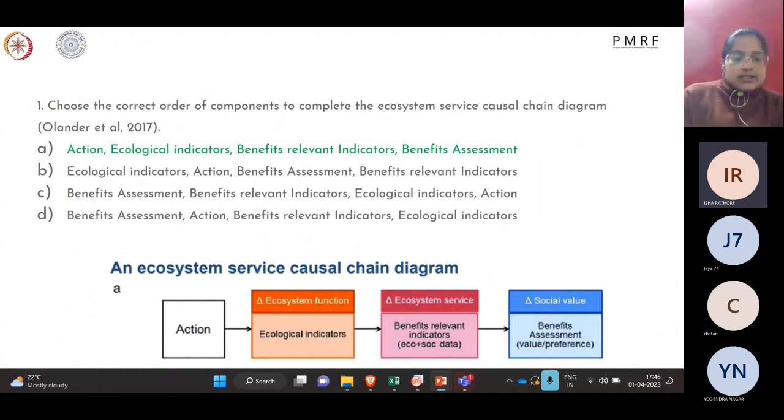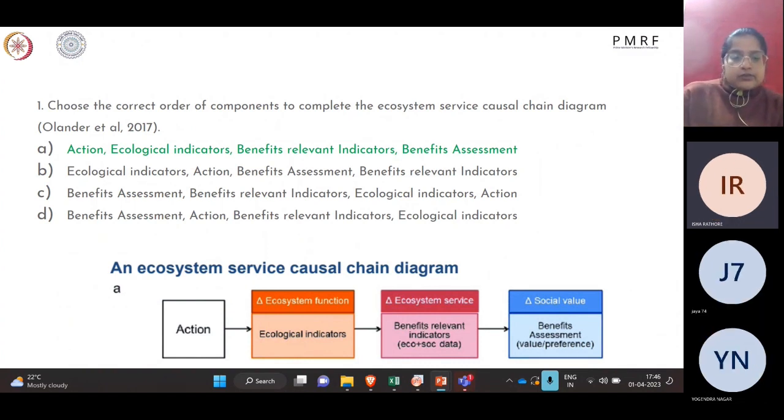So A was the correct answer. It all starts with the action that your project is having.